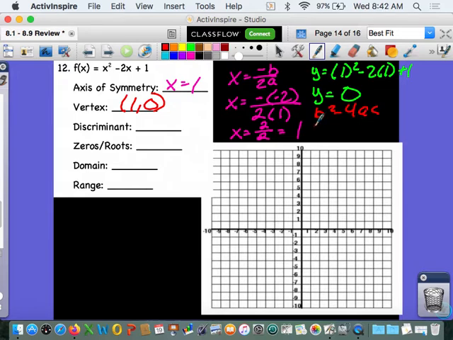So my b value is -2, minus 4 times a, which is 1, and c, which is 1. Remember, when you plug this in your calculator, put that -b into parentheses. So that gives us a discriminant of 0. Not no solution, it's just 0. Okay?